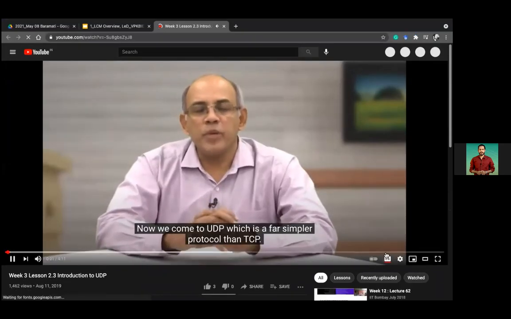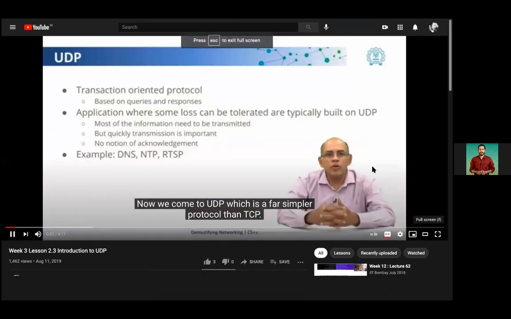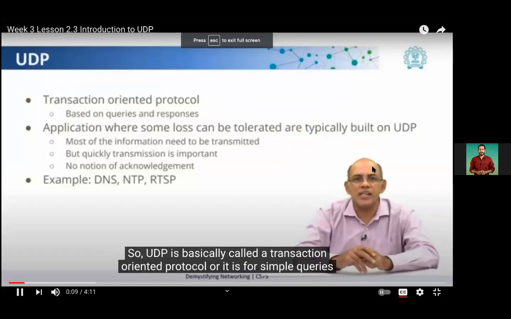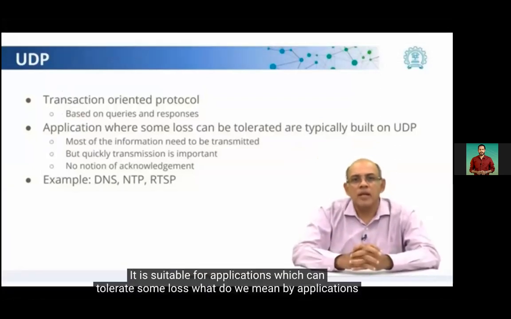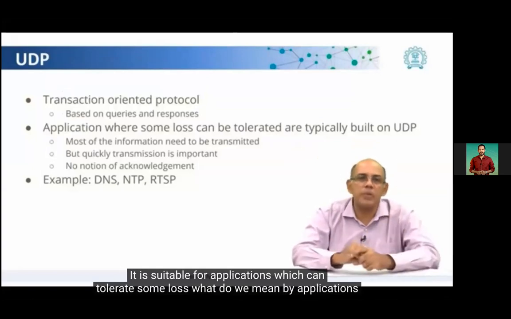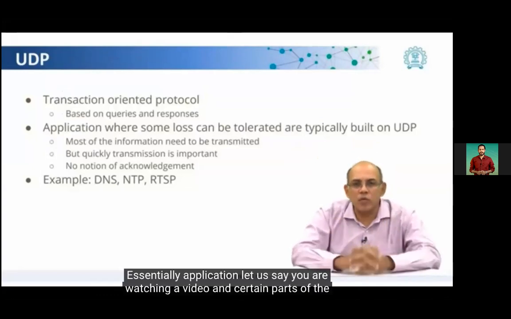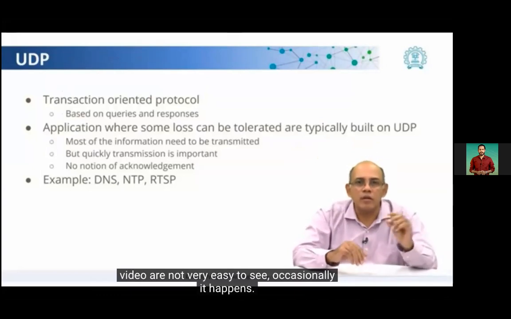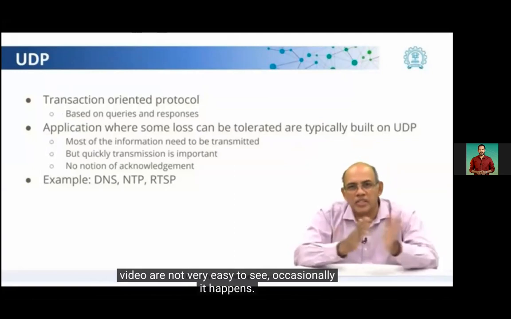Now we come to UDP, which is a far simpler protocol than TCP. So UDP is basically called a transaction-oriented protocol, or it's for simple queries and responses. It is suitable for applications which can tolerate some loss. What do we mean by applications which can tolerate some loss? Essentially, let's say you're watching a video, okay, and certain parts of the video are not very easy to see. Occasionally it happens.